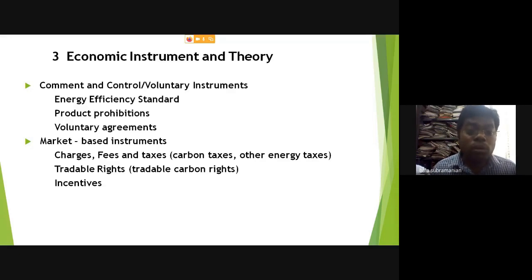Once the local government or national government wants to introduce an energy policy, how do they design it? Economic instruments are very important, because economists should design the energy efficiency in terms of costs and benefits.